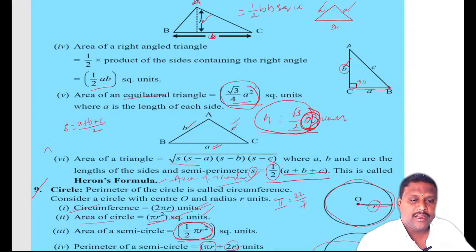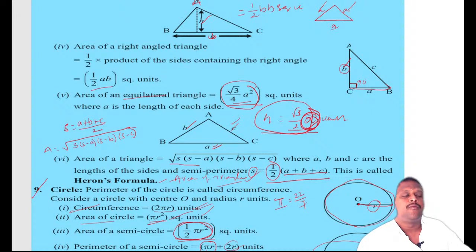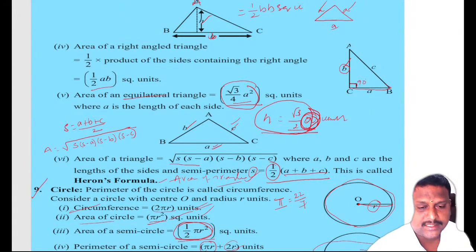Then area is equal to square root of S into S minus A into S minus B into S minus C. This is called Heron's formula. Very important formula for your future classes also.